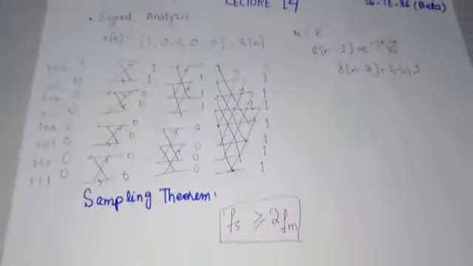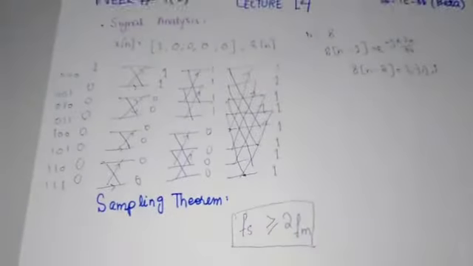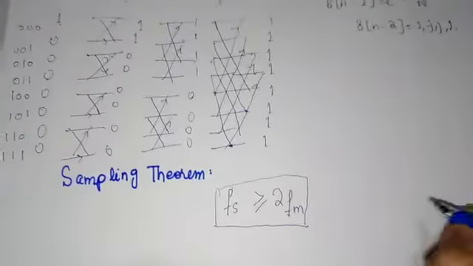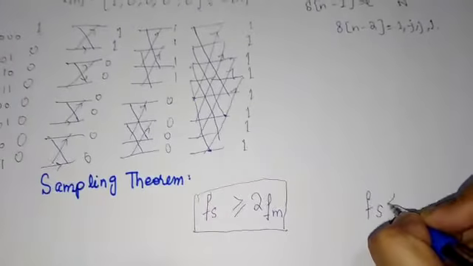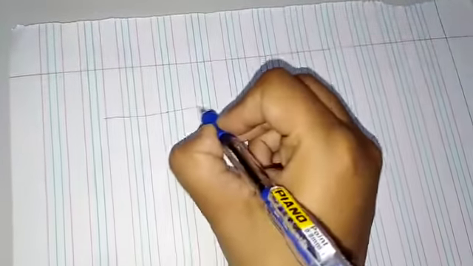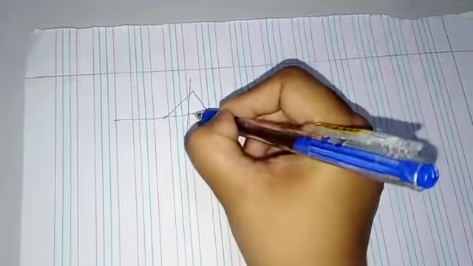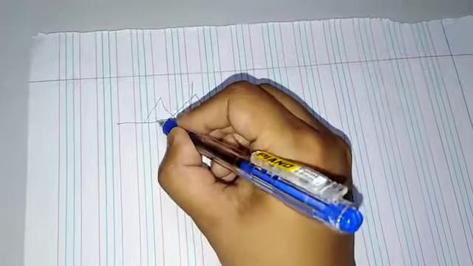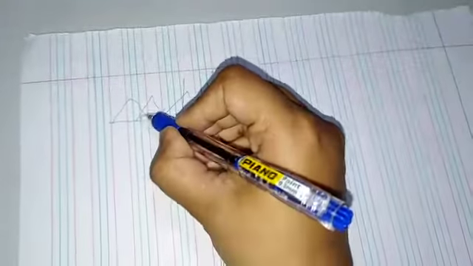If some signal does not satisfy this condition, for example if f of s is less than 2 f of m, then the signals overlap each other, just like here.